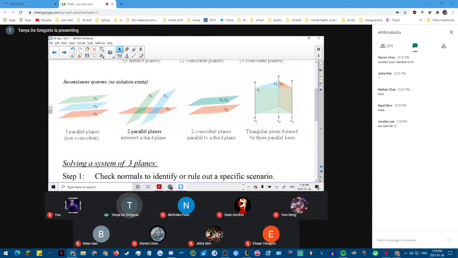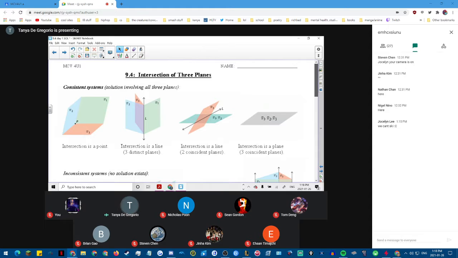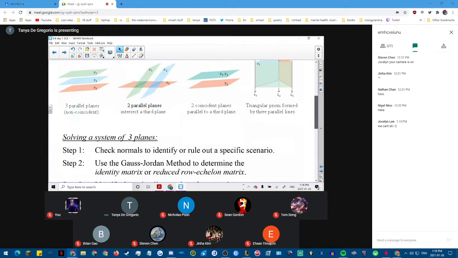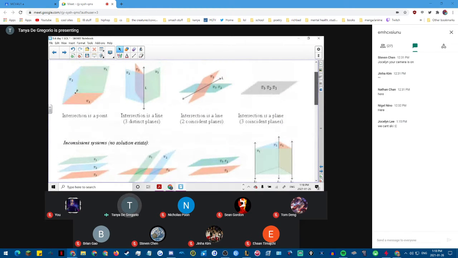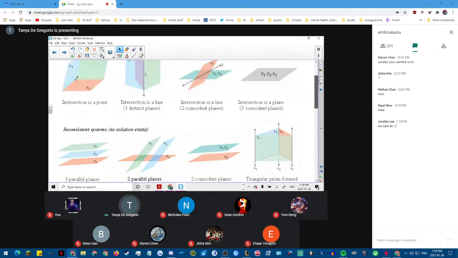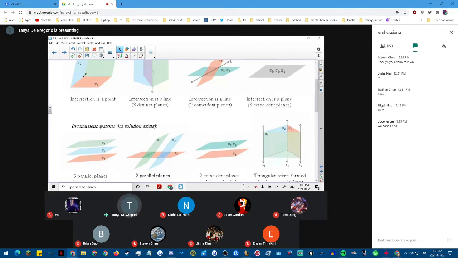Okay, so now we have to decide, how are we going to know which case it is? What do you guys think? Well, we're going to check normals, because the first thing we want to rule out is if the planes are coincident or parallel, because look how many of the situations deal with parallel or coincident planes. 2 at the top and 3 at the bottom.